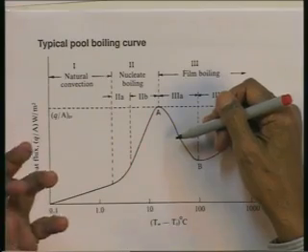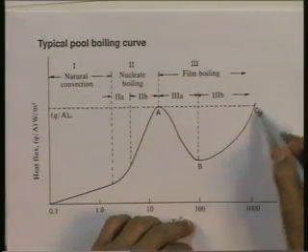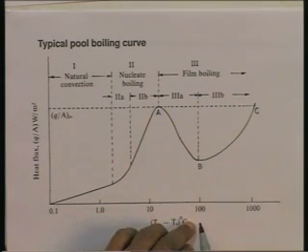So, the heat flux in fact decreases with temperature difference. And then at a certain stage, so much bubble formation takes place and they are so close to each other that they are all coalesced with each other, and we have a vapor film separating the liquid from the heated surface. Then we have a region of what is called stable film boiling.